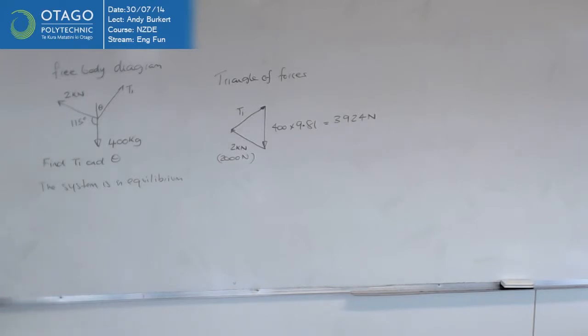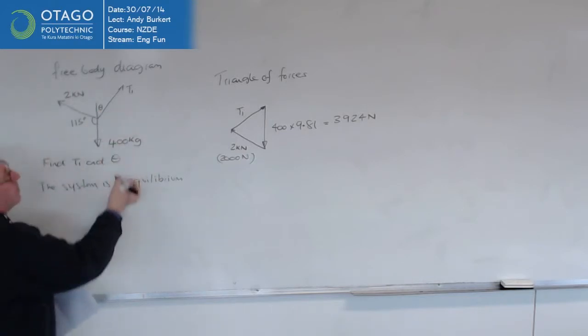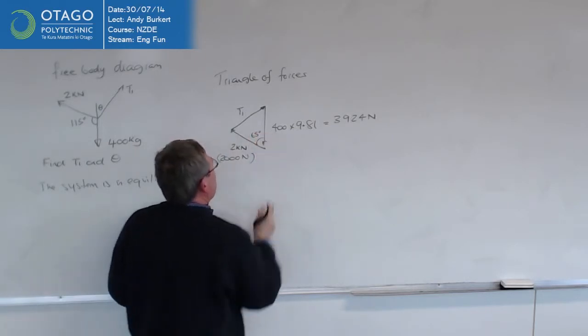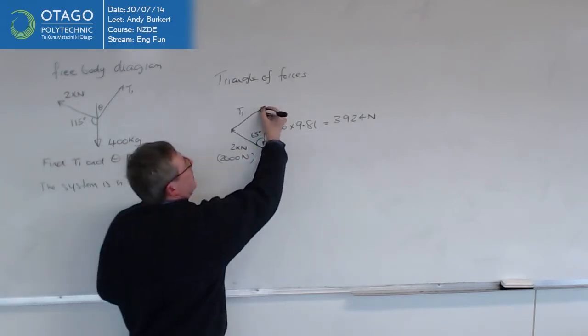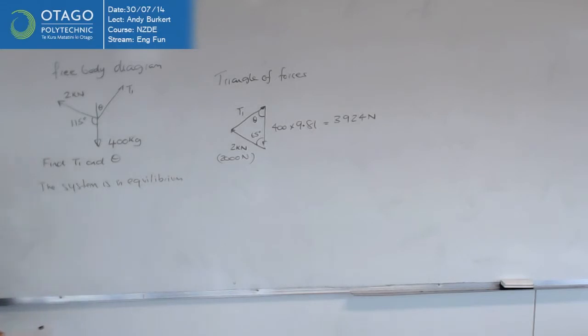Do we know any angles in that? Yep, because if that's 115, this one in here must be 65 degrees. And this one up here is theta, the one we're trying to find. So there's our triangle of forces.